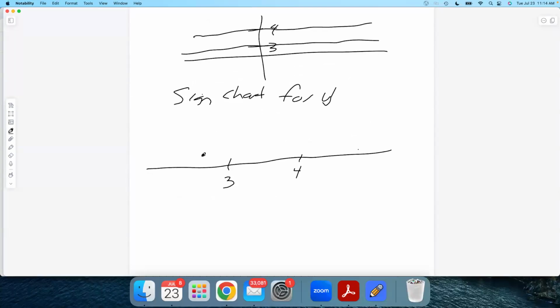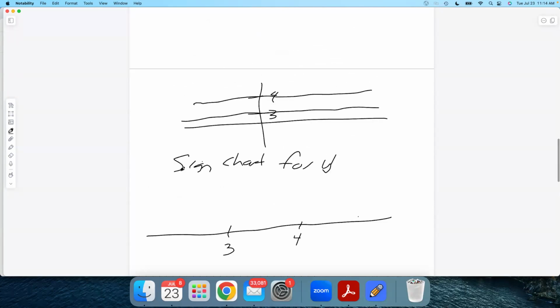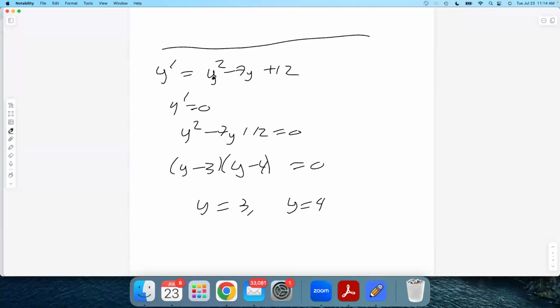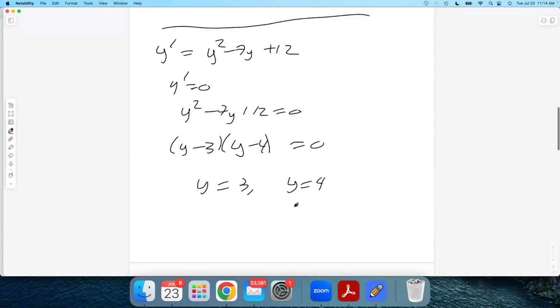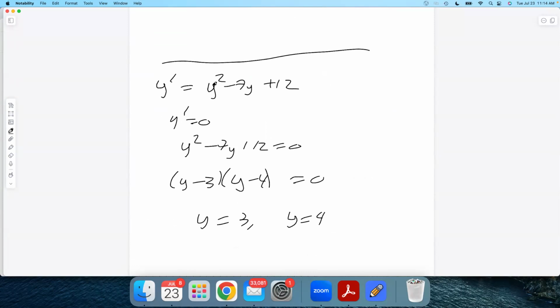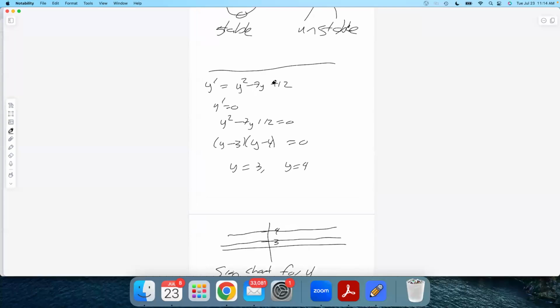I could pick a test point, pick any point back here below 3, 1, and plug it into the DE. 1 squared minus 7 times 1 plus 12. So what do we get? 1 minus 7 plus 12 is positive. Pick any number between 3 and 4. See, here's where I don't want to go through that work. 3.5 squared minus 7 times 3.5. I don't want to go through that work. I'm lazy, but we could. All I care about is when I plug in 3.5, do I get a positive or a negative?